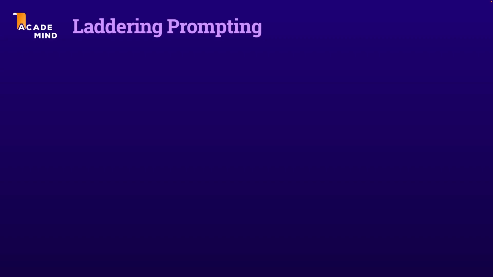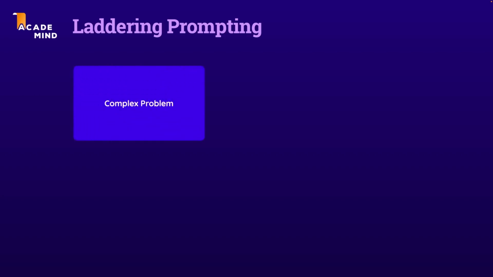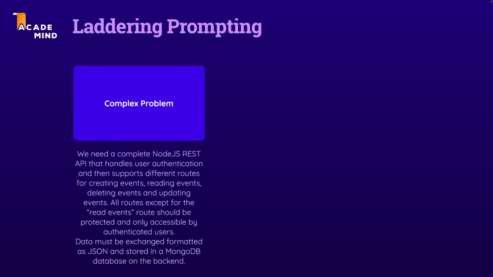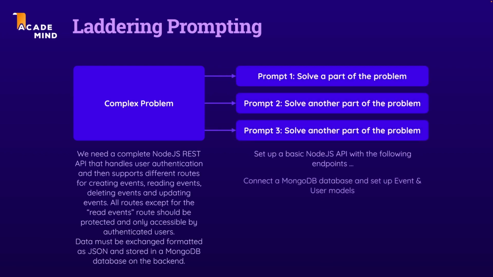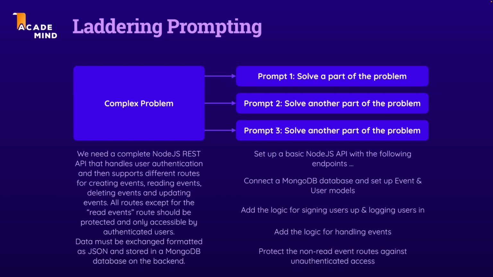And the idea here is to break up a complex problem that would probably require a very long and detailed prompt, which could lead ChatGPT to lose context and to lose information and produce a suboptimal response, to take such a problem and instead split it up into multiple smaller problems and prompts, which you then send step by step to ChatGPT, so that you get solutions for different smaller prompts, which you can then combine manually to, for example, like in this case, build this Node.js application.